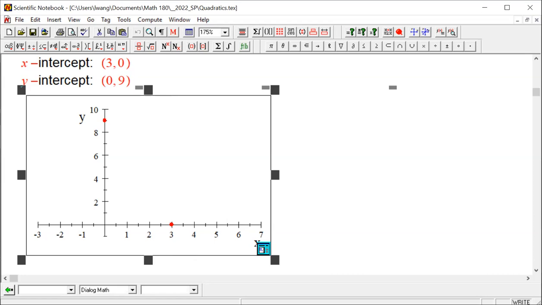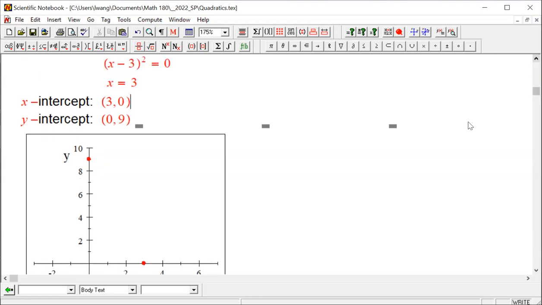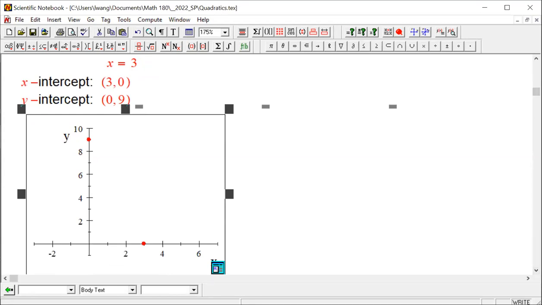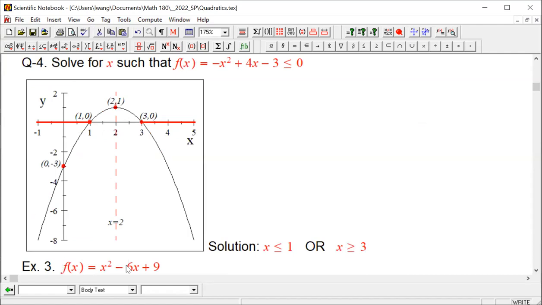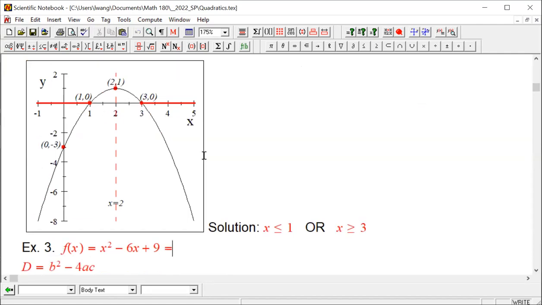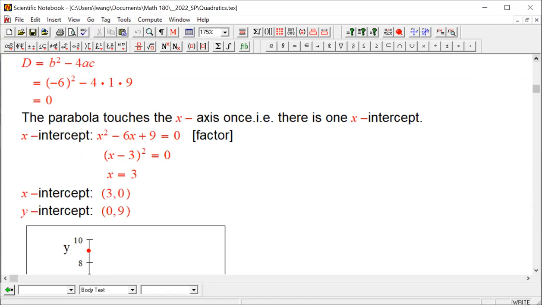It's not going to go downward because we only have one touch, right? If we go downward, we have to go back up, right? Remember, this is symmetrical. So in this case, we know the line of symmetry already. In fact, the x-intercept is also the vertex at the same time, because look at that perfect square. The function is really just x minus 3 squared.